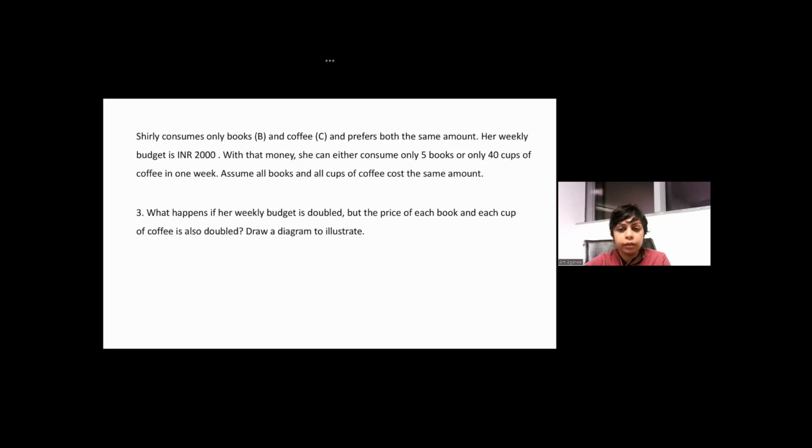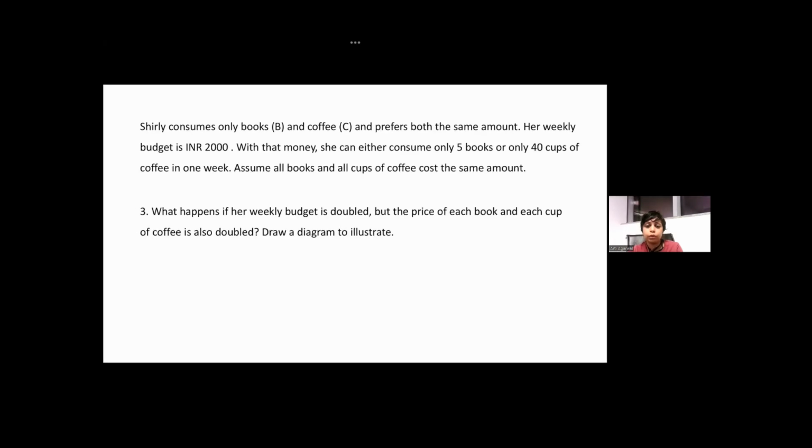I've written the question only as what happens if we do both, but I want to discuss what happens if you do only one or only the other, and then what happens if we do both. We double the budget, or we double the prices, or we do both, increase the budget and the price. So take a few seconds, think, and then tell me what happens. I've not given any options, but you can just write your answer in the chat box.